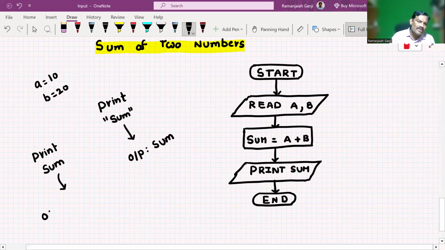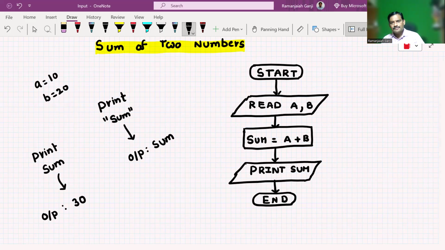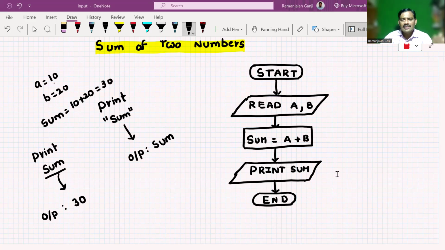Got the difference? If you write normal print like this, what is the sum value? 10 plus 20. Sum is equal to A plus B, that is equal to 30. Its corresponding value will be printed, that is 30. Got it? This is a flowchart for finding sum of two numbers.